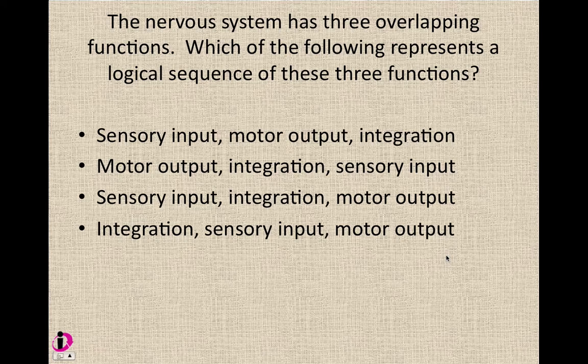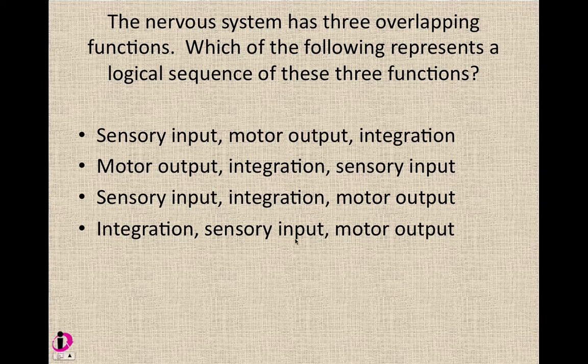Okay, so nervous system has three overlapping functions. Which of the following represents a logical sequence of these three functions? So say you see a glass of water. What will the process be in order to pick up that glass of water?